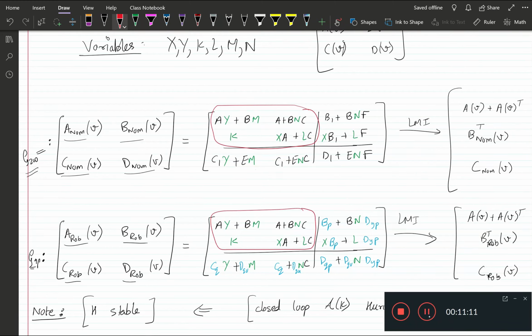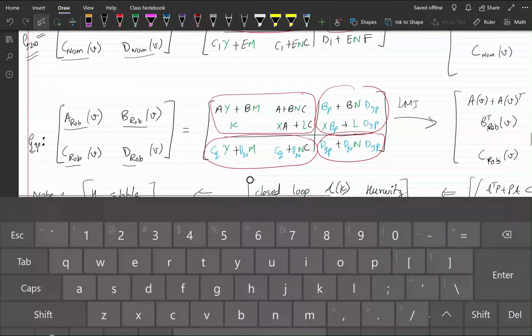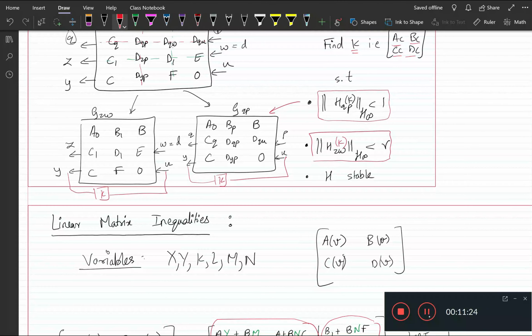What changes is only the B, C, and the D, and that is because if we go back to this one, we see that the things that are changing are simply the second column and the second row, which is the input output channel.